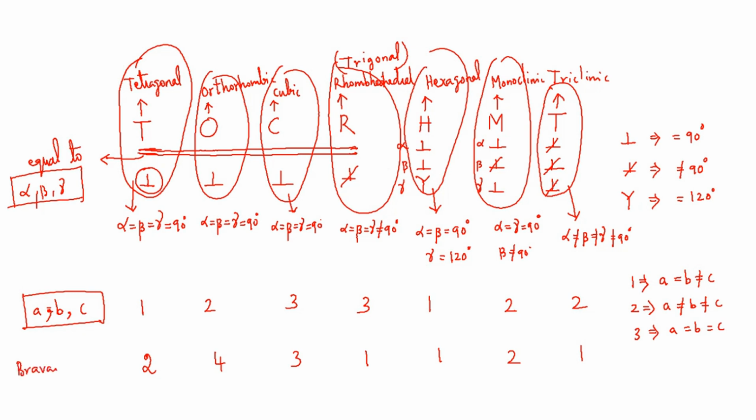We have already seen there are 4 different types of unit cells like primitive, body centered, face centered, and end centered. So 4 different unit cells exist in the orthorhombic crystal system, and this 3, that means cubic.